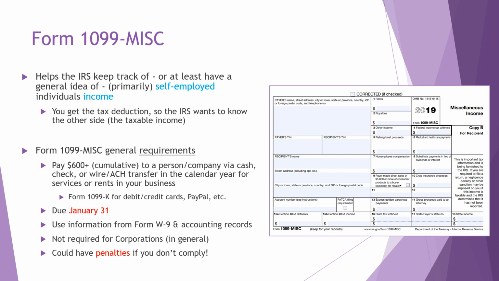You'll see that on Form W-9. And again, that's in general, so there are some exceptions where you would have to file a Form 1099 Miscellaneous to a corporation. And then lastly, real quick, I wanted to mention that Form 1099 Miscellaneous, like I said, is required, so there are some pretty hefty penalties that the IRS could impose if you don't comply with these requirements.